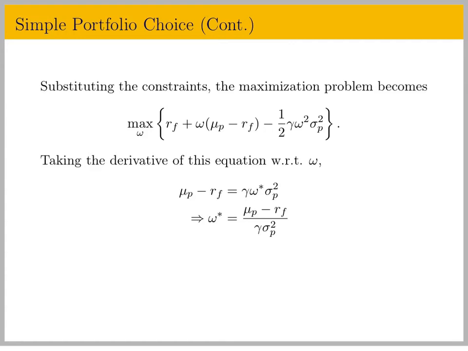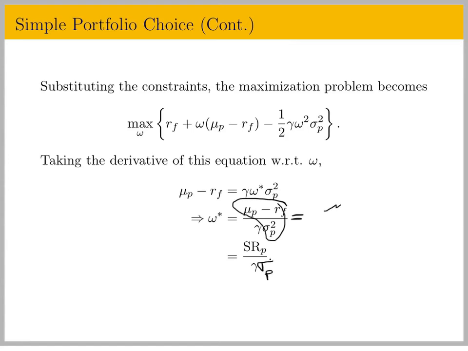Now if we solve for omega, just by rearranging and doing some algebra, we can take the gamma and the sigma p squared all over to this side into the denominator. We have omega star is equal to the risk premium divided by gamma sigma p squared. We recognize that the risk premium over sigma p squared, and now there's actually an error here, is equal to the Sharpe ratio all over gamma sigma p.